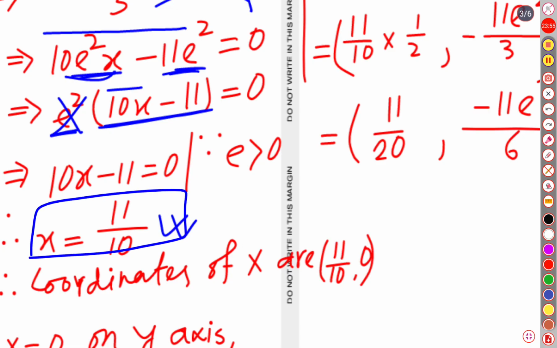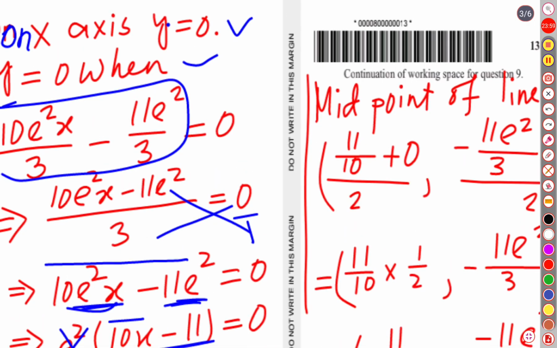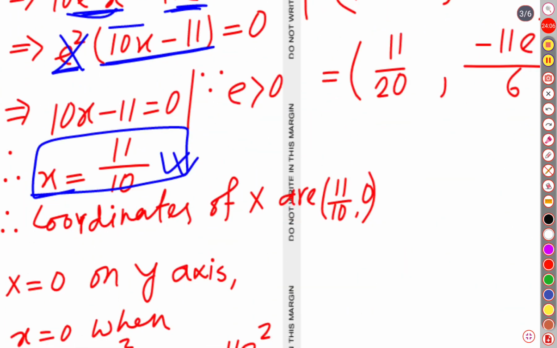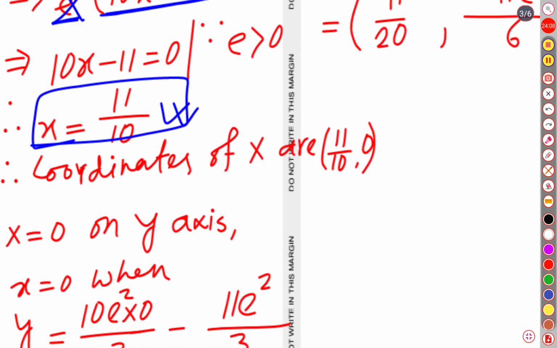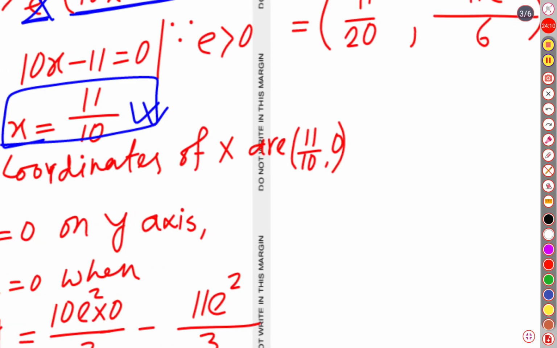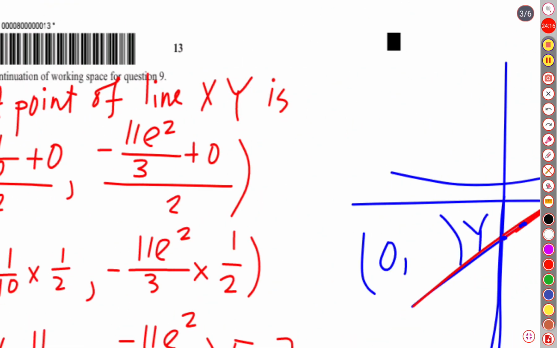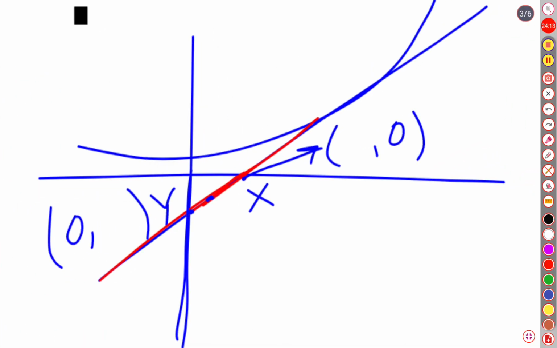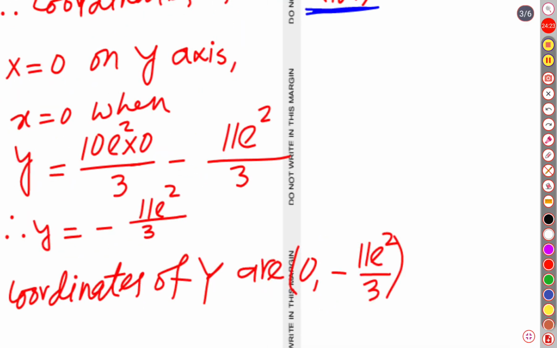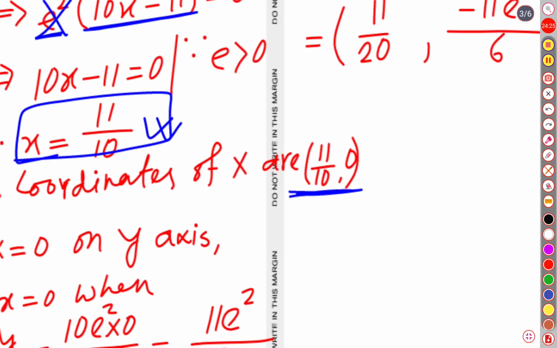Okay, the x coordinate is this, and for the y coordinate, at the beginning we said y is 0. We have said y is 0 and x is this. So we have obtained the coordinates of x as 11 over 10, 0, and here we have just shown it.